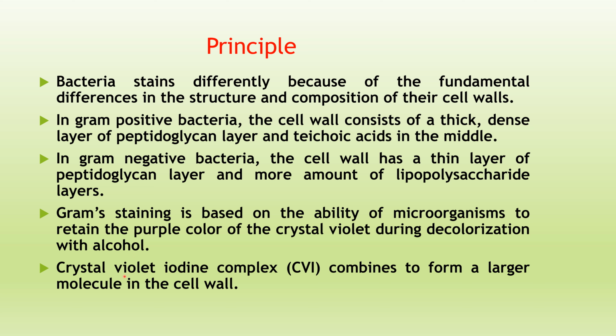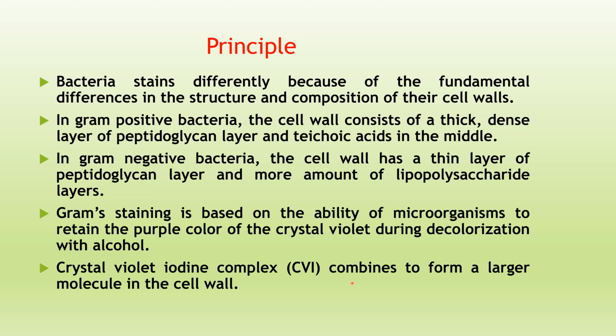A crystal violet iodine complex will be formed, combining to form a larger molecule in the cell wall. When you add crystal violet to the smear, the crystal violet goes inside the cell wall. Then when you add Gram's iodine in the next step, this iodine acts as a mordant and binds with the crystal violet in the peptidoglycan layer.